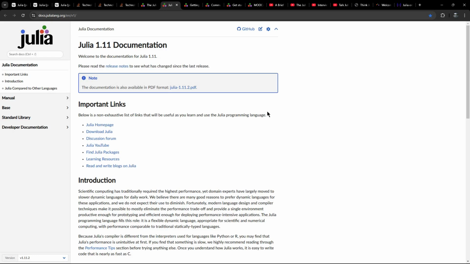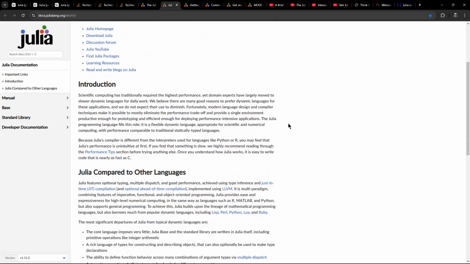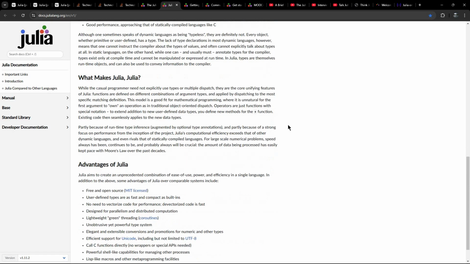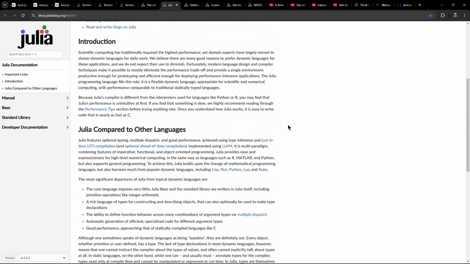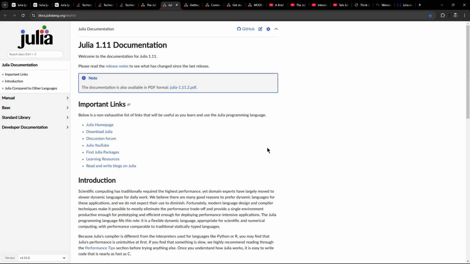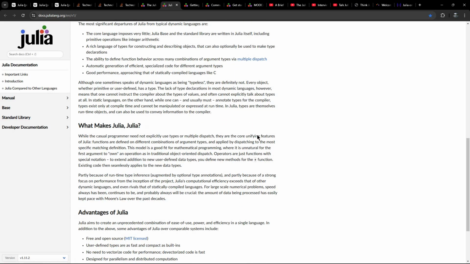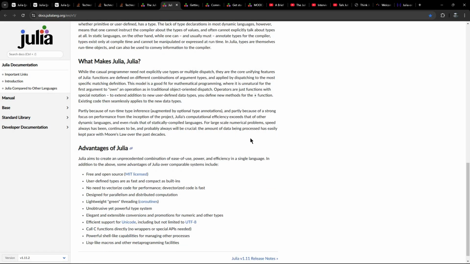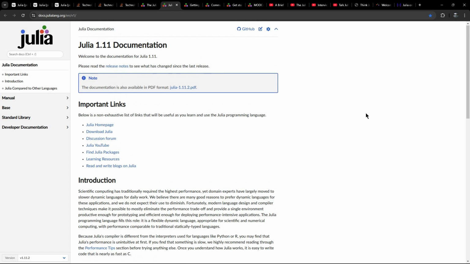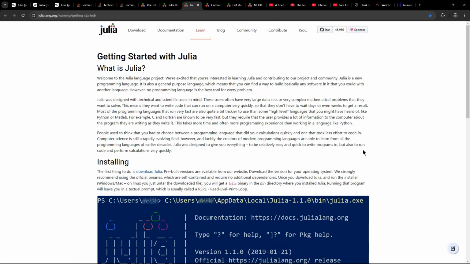I know a lot of people don't like reading documentation, but I think at some point in learning a language, it is a good idea to look at the documentation. And even this bit is quite nice if you're still teetering on the edge about learning it, because there's a little bit of how it compares to other languages, what makes Julia, advantages, those sort of things. So yeah, don't be afraid to check out the documentation for a language.